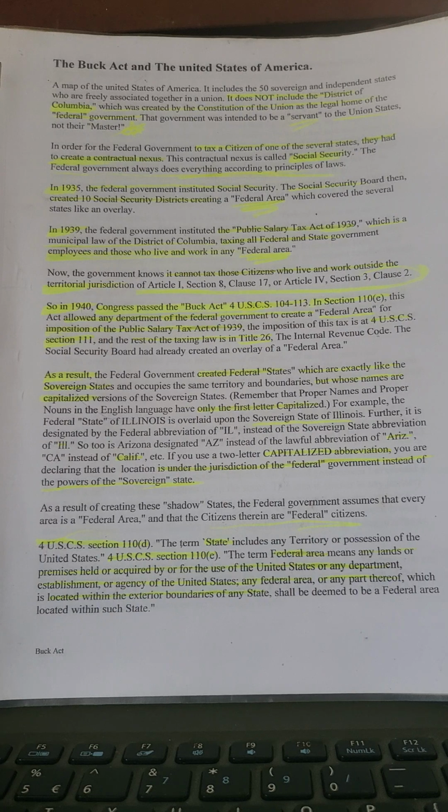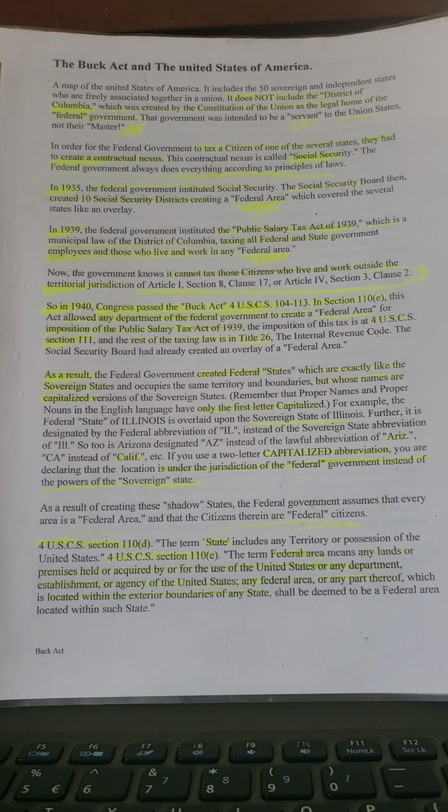California CA instead of CALIF, etc. If you use a two-letter capitalized abbreviation, you are declaring that the location is under the jurisdiction of the federal government instead of the power of the sovereign states. As a result of creating these shadow states, the federal government assumed that every area is a federal area and that the citizens therein are federal citizens.